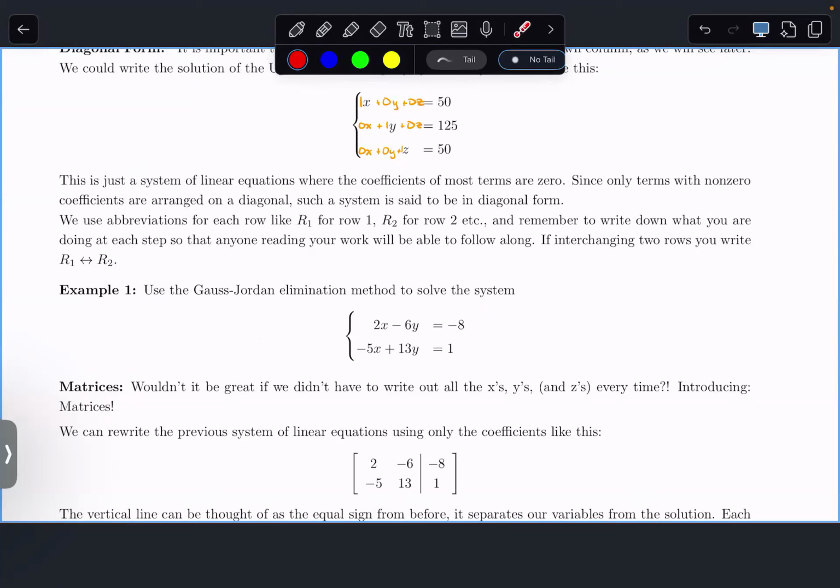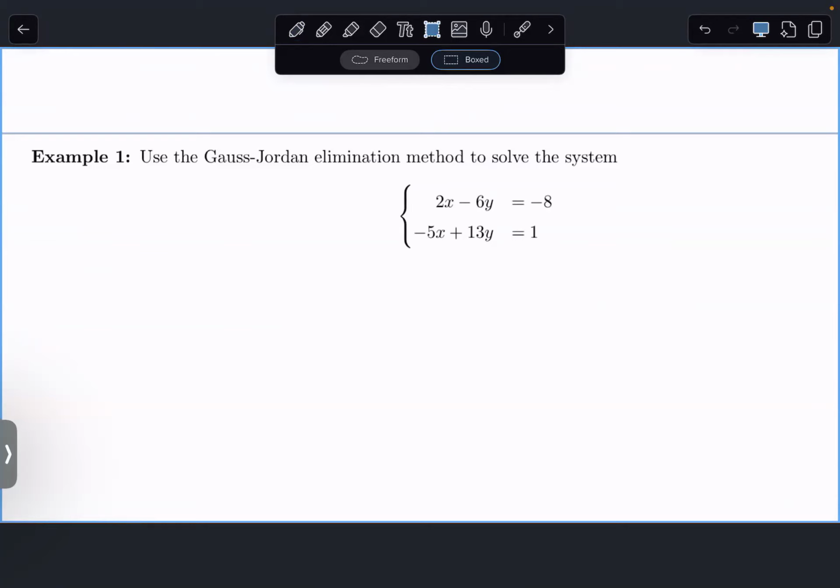Okay. So we're going to use the Gauss-Jordan elimination method to solve this system. This is our first one. As long as you remember that the goal is to have a coefficient of 1 on the x and a coefficient of 1 on the y in the second row and coefficients of 0 in the other two columns, like this.